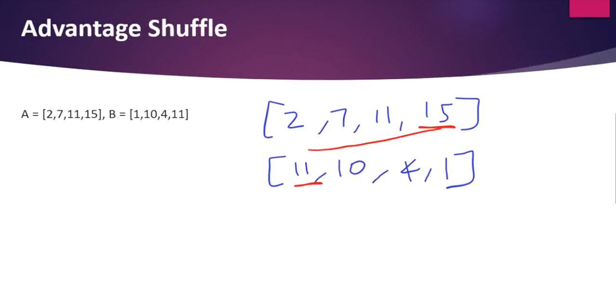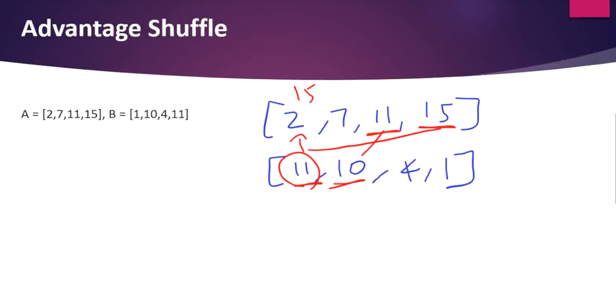So if you consider the value in B, it is 11, and if you put the value 15 correspondingly at index 0, you will get an advantage. In the same way, we map the next greater value with the next greater value in array A. By doing so, we permute array A in the format that gives maximum advantage.